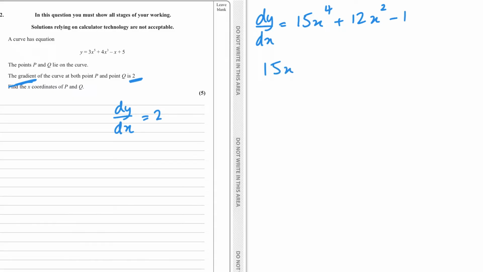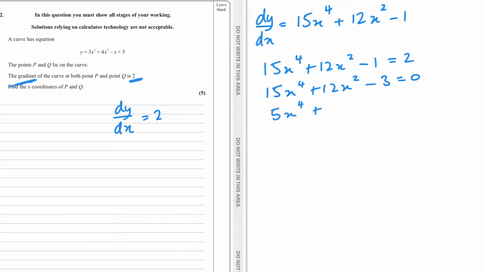So I know that 15x to the 4 plus 12x squared minus 1 equals 2. So 15x to the 4 plus 12x squared minus 3 equals 0. What I'll notice straight away is that each of these terms has 3 as a factor. So let's divide through by 3 to make our life a little bit easier.